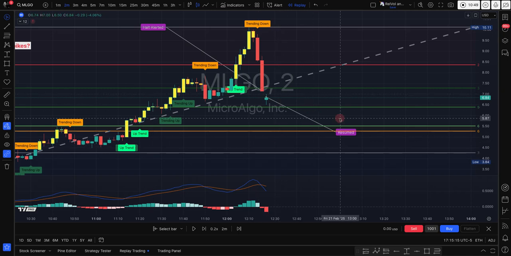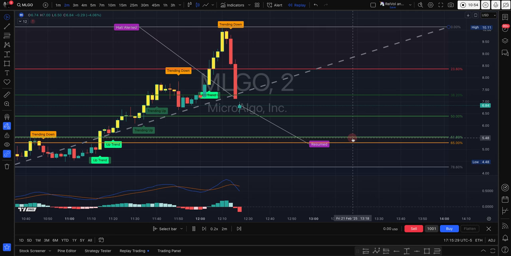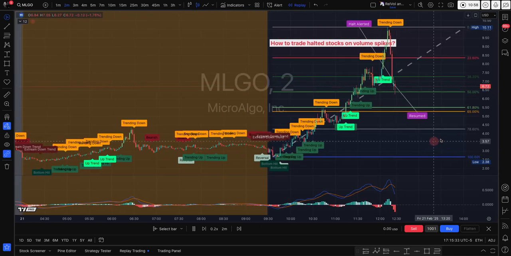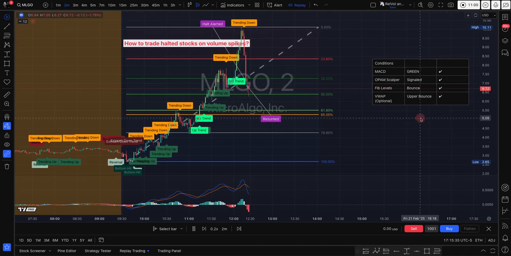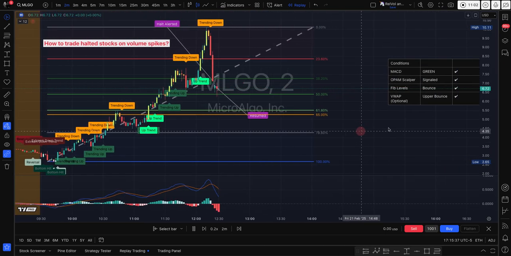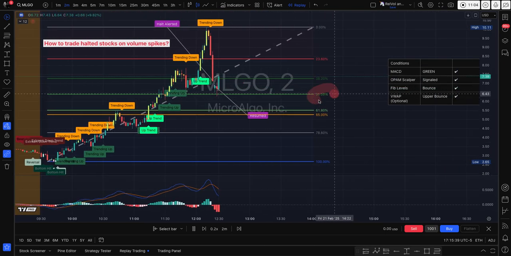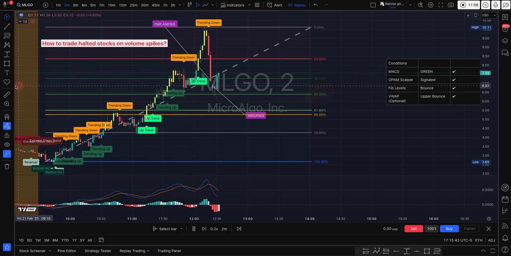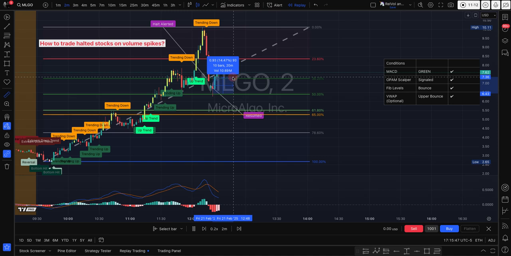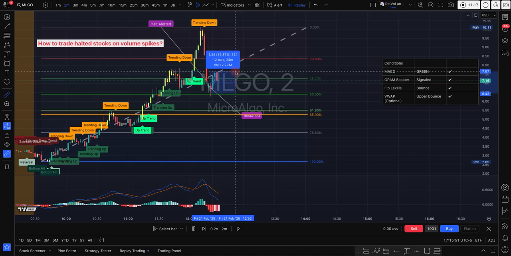All right, so let's see what's going on here. Let me play the replay and then let's watch for these conditions to match. So it's bouncing off of 50. That's nice. That looks good. If I had a limit buy, I'm already up like 20%, 19%, right?